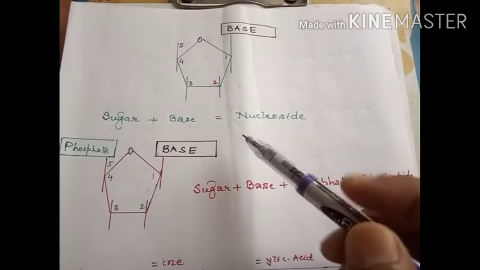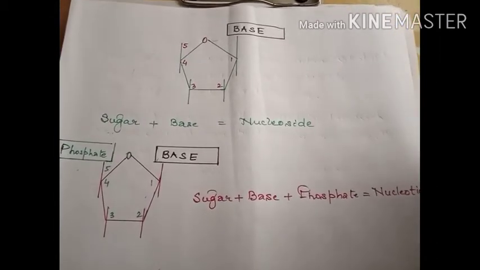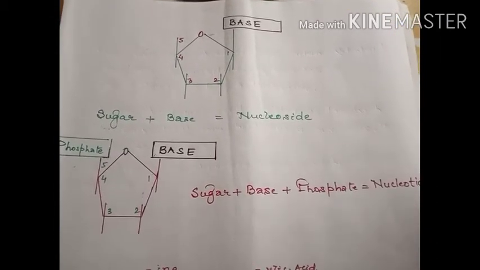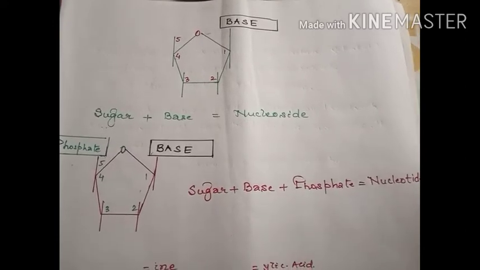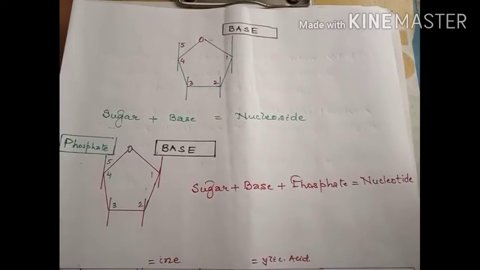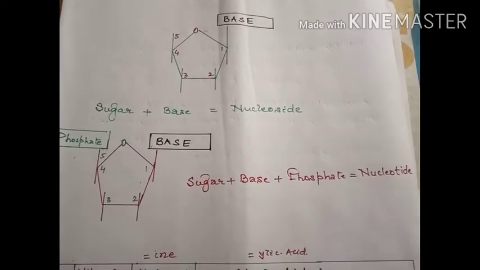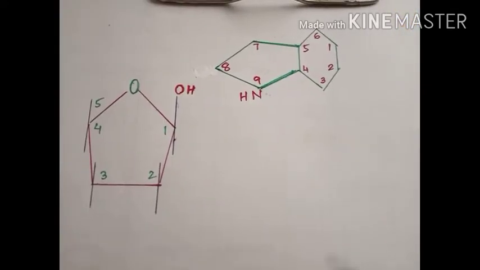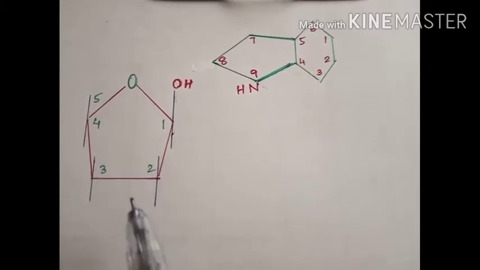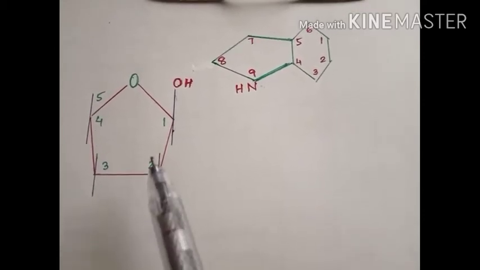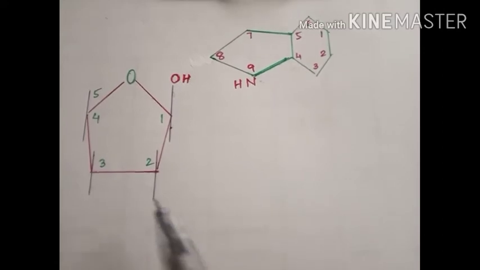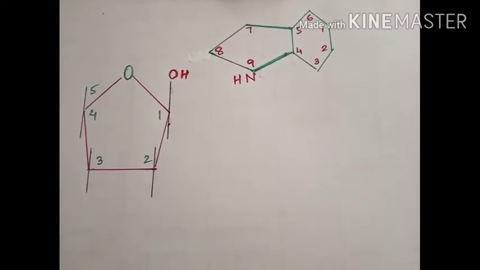So, we'll discuss the formation of a polynucleotide strand, how these nucleotide strands are formed. Now, suppose we have drawn a pentose sugar which is of the deoxyribose type.